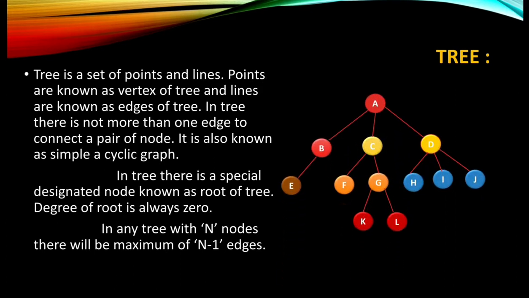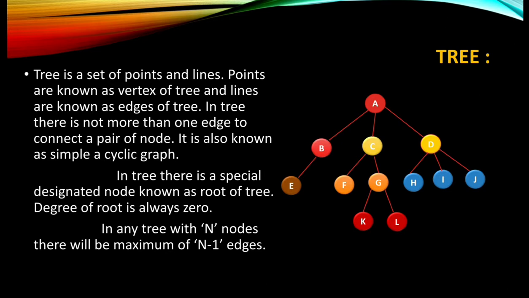Now see, in the given tree A is the root node, and each and every circle is a vertex of the tree, or we can say they are nodes. Each and every line we used to join two nodes is an edge of the tree.